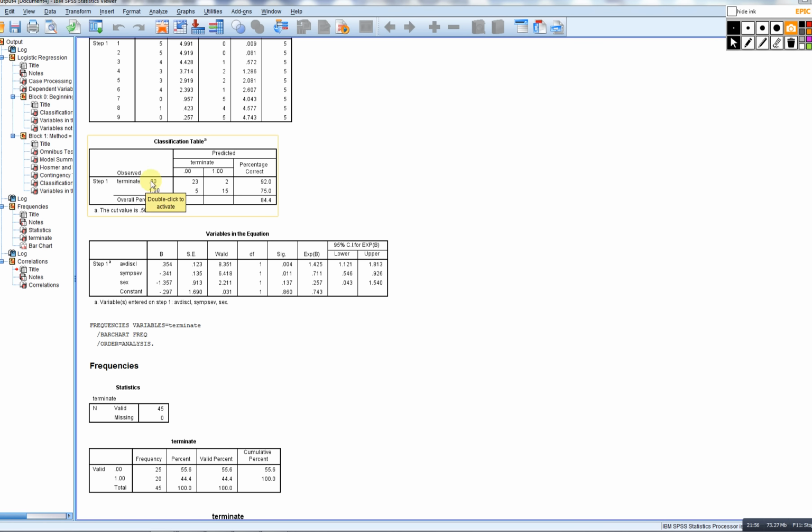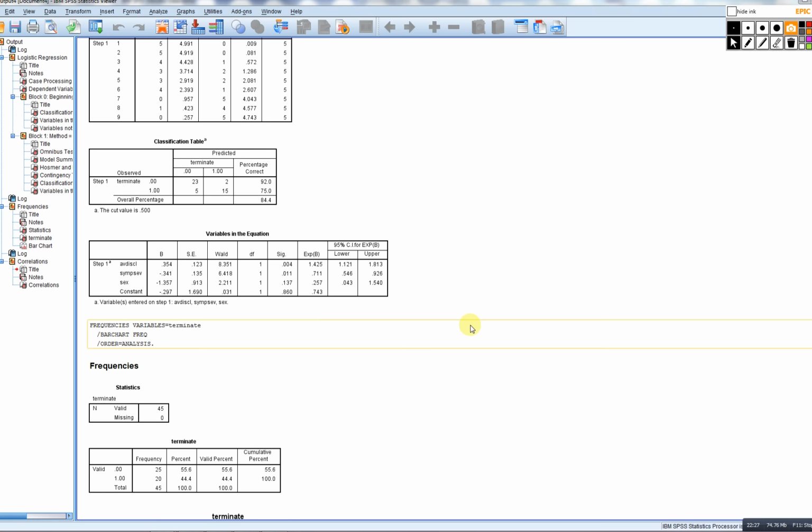Keep in mind, too, that the model actually does a better job of predicting who will not terminate as opposed to those who will terminate, because the accuracy rate is higher for predicting who won't terminate. But again, the overall classification rate is 84%, and we still have a pretty decent classification rate when it comes to predicting who will terminate.